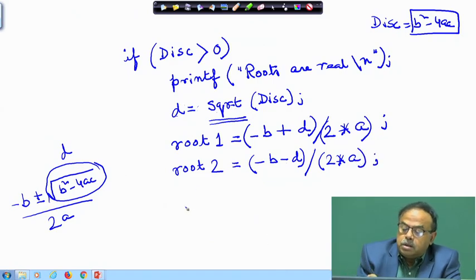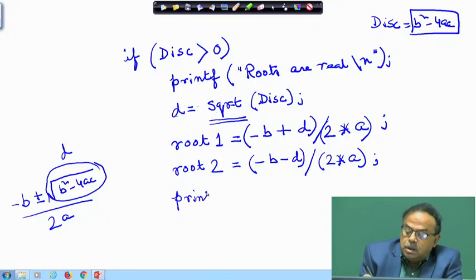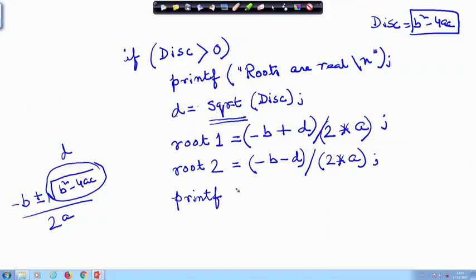Then I have got the two roots and I can print here. So, I have computed the roots. So, I can either print it here, I can printf. Now, the roots can be float.